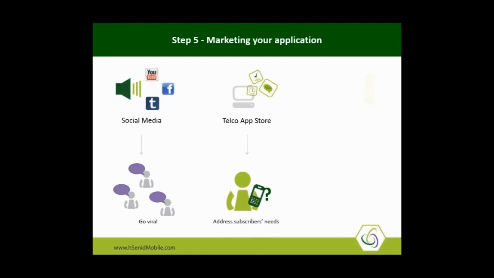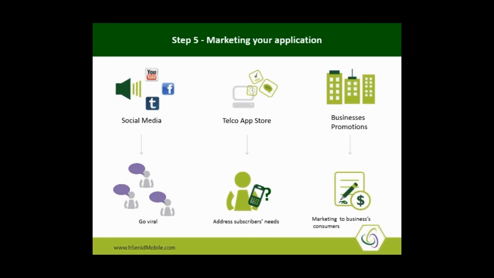Those are two of the major ways you can market. But there's a third one, which is business promotions. If I again take the coffee shop example, if I created the application, I can put a poster near the cashier and say, hey, this application is there, dial #141 to start using the application. So people who come in will know, okay, there's an application like this, I can start using.